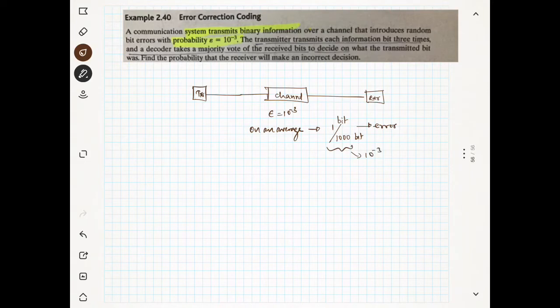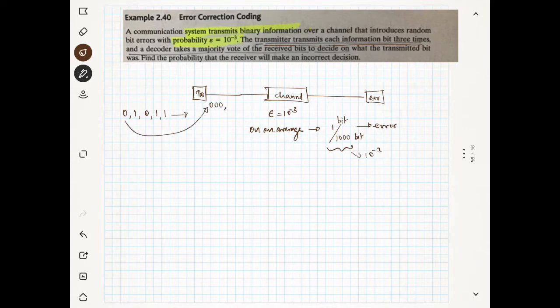That means 1 over 1000 is 10 power minus 3. Now the transmitter transmits each information bit 3 times. This is the very important point. Suppose the transmitter has 0 1 1 like this, then it will transmit this 0 three times, 0 0 0.